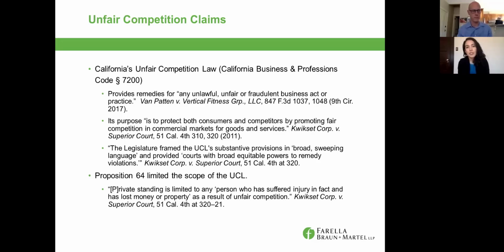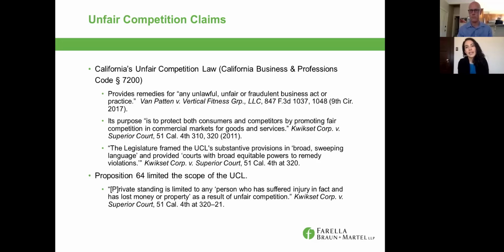The statute provides remedies for unlawful, unfair, or fraudulent business acts or practices. And the purpose is to protect both consumers and competitors by promoting fair competition in commercial markets for goods and services.